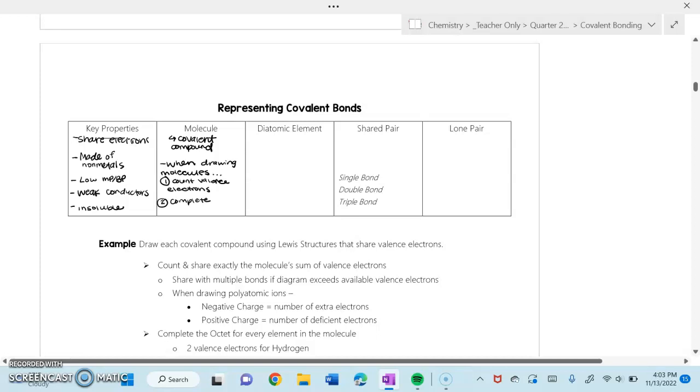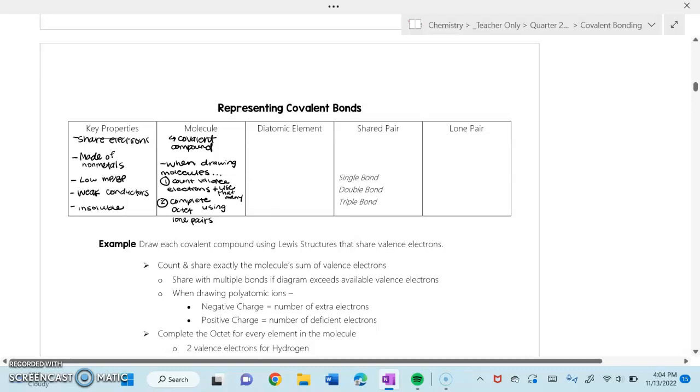Complete the octet using lone pairs. And we'll talk about what shared pairs and lone pairs are in a moment. So you count the valence electrons and use that many, and then complete the octet using lone pairs. This will be more concrete in a minute when we do some examples, but let's continue discussing covalent compounds before we go to our example to actually draw these.